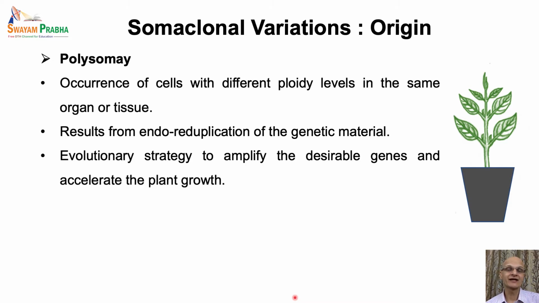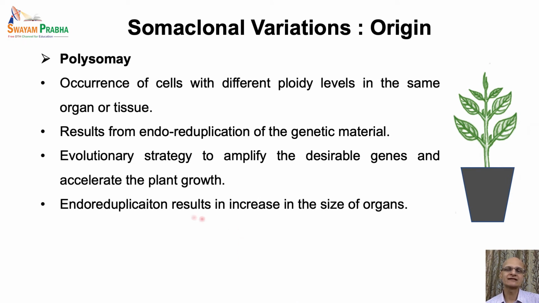Endoreduplication is actually an evolutionary strategy to amplify the desirable genes that are required to synthesize the necessary products for plant growth. It has been suggested to enhance the physiological functions of the cells, as the larger volume helps in tissue expansion and also raises the copy number of the functional genes within those cells where endoreduplication occurs.